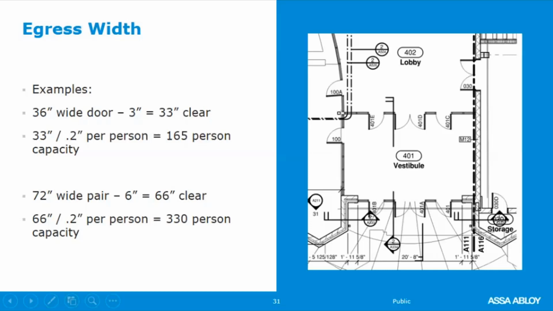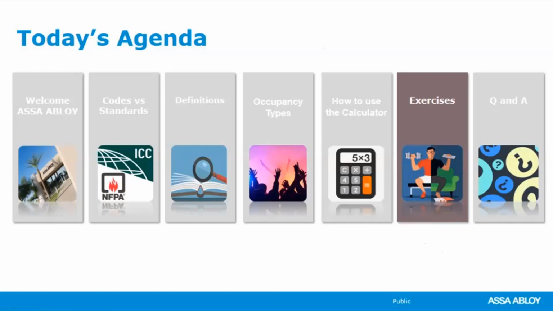So all totaled, with these 4 door leaves, we have an exit capacity of 660 people. And this is, as I mentioned, a large school. This is just one of the many exits that are required, and we need that much for egress width. Now let's take a look at some examples and exercises.